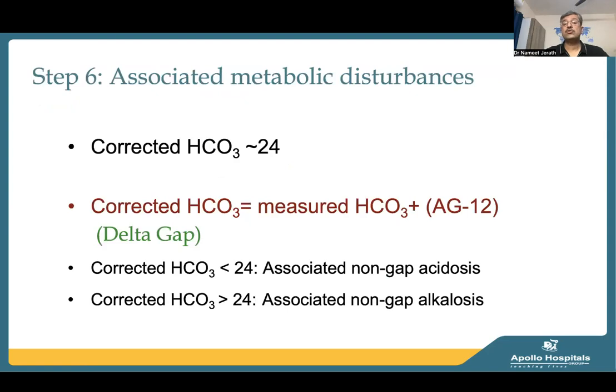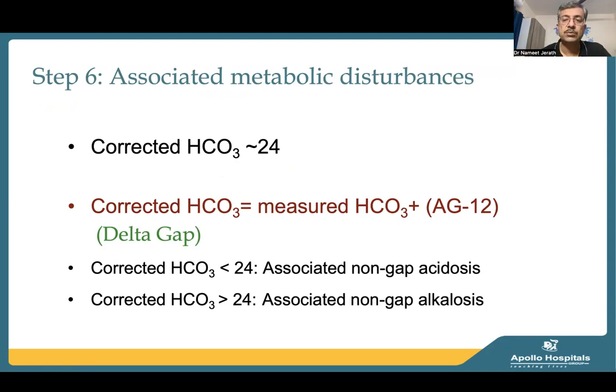The sixth step is also very important and it needs a bit of understanding. We still have to look at other associated metabolic disturbances, right? So what we now want to do is correct for the anion gap. We know there's an anion gap metabolic acidosis. We will correct for the anion gap, and this corrected bicarbonate should be 24.